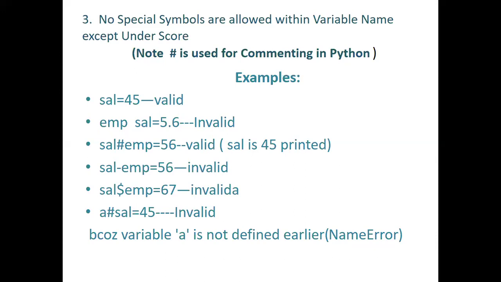If I write sal is equal to 45, that is valid. But employee sal with a space is not acceptable, because space is a special symbol, so it is invalid.